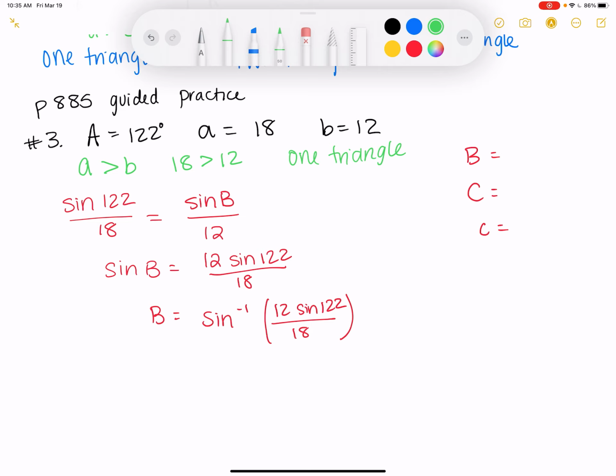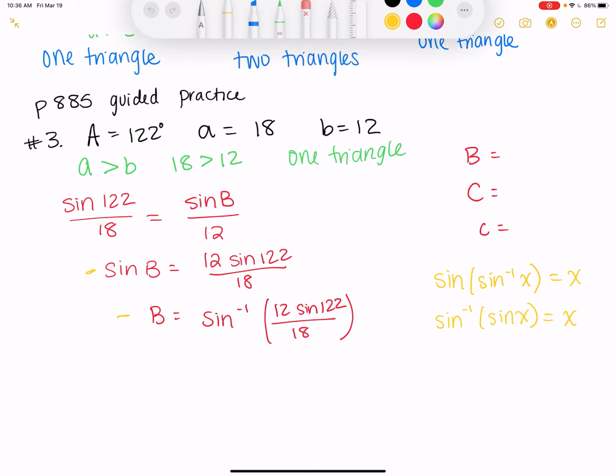Something that the pre-cal book points out that your book does not, when we do inverse, just so that you see it in case you're confused about how we get from here to here: the sine of the inverse sine of x is equal to x, and it works the other way as well. The inverse sine of the sine of x is equal to x.